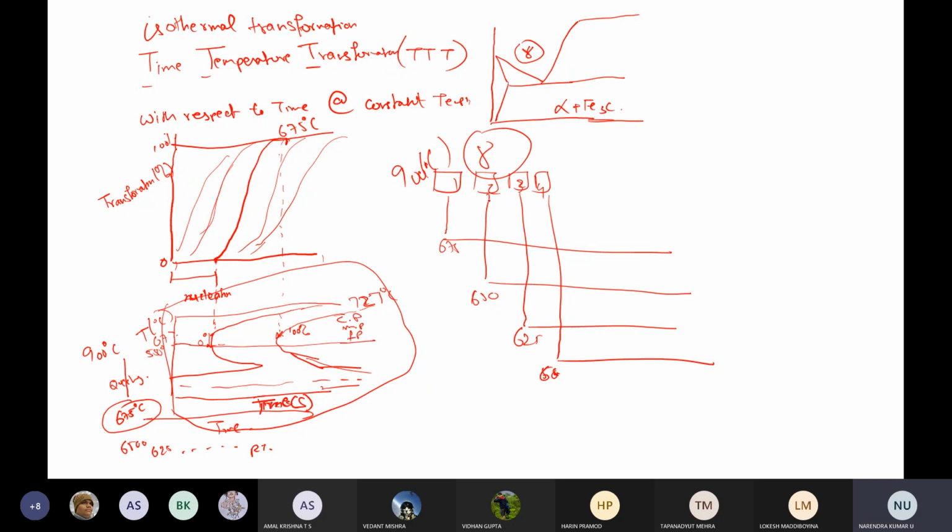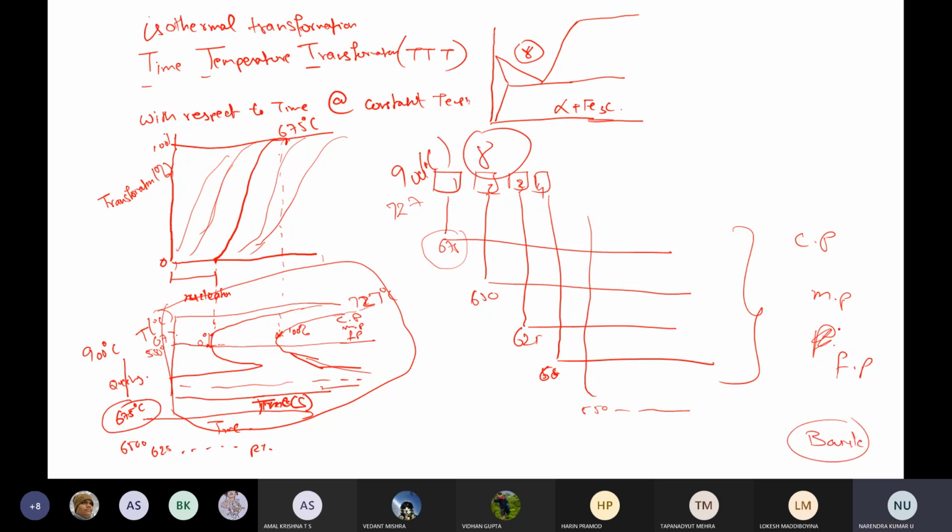So anything you are doing before 550, you always end up in some perlite structure. So at a small undercooling, that is the temperature near 727, you end up in coarse perlite, and then as you go down, you end up in medium perlite and fine perlite structures. But the moment you go below 550 degrees Celsius, you end up in bainite.